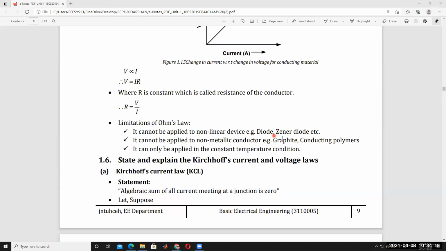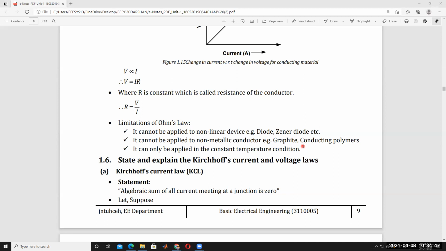It cannot be applied to non-metallic conductors, for example graphite and conducting polymers. In non-metallic conductors, the voltage is not proportional to the current.